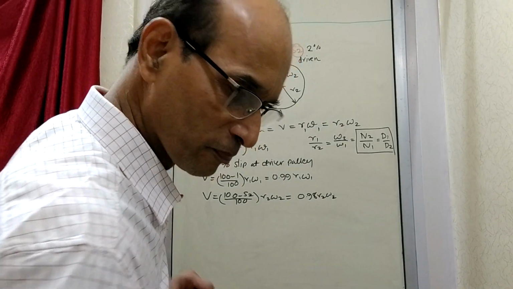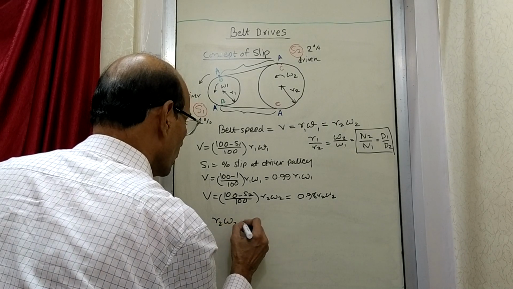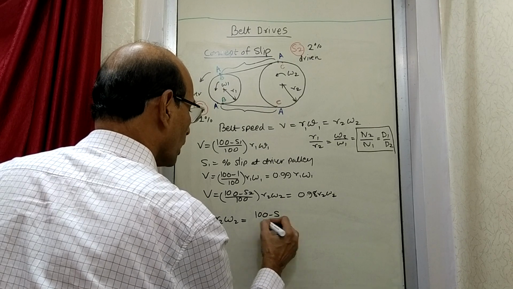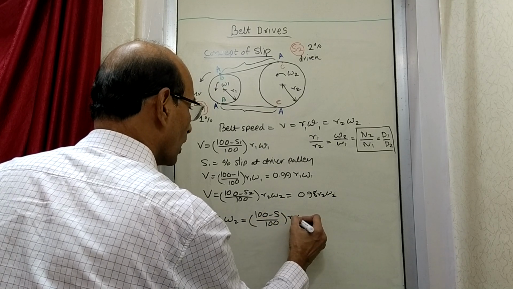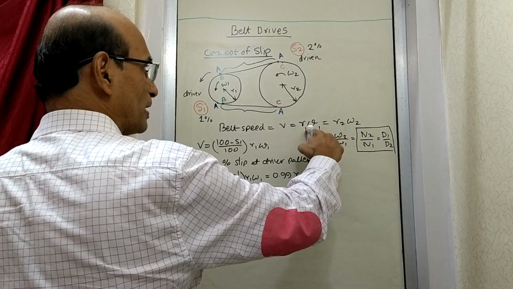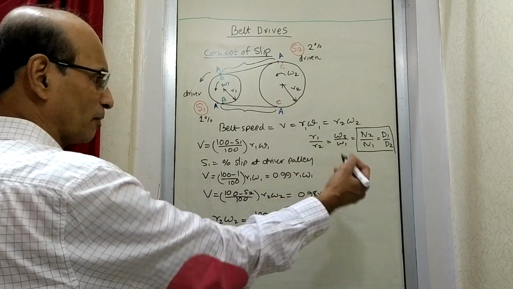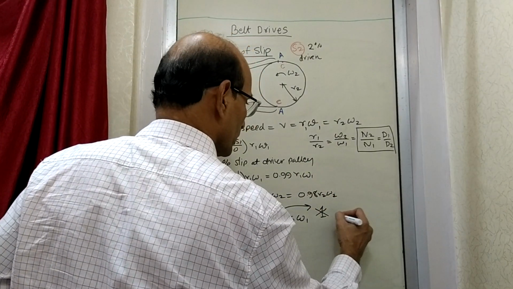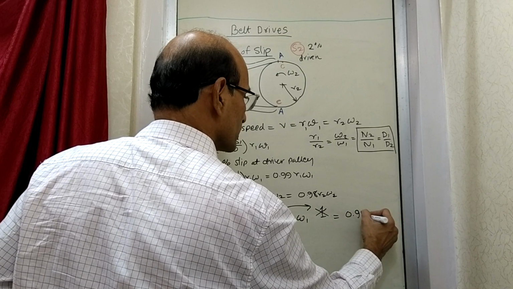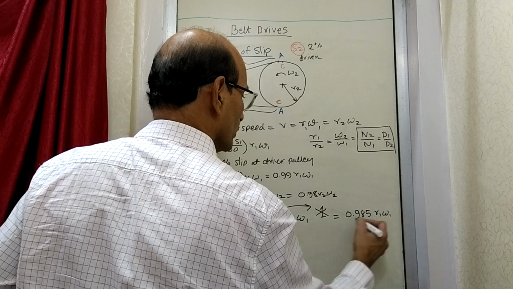It comes like this. Omega 2 has this equation. R2 omega 2 is equal to (100 minus S) upon 100 times R1 omega 1. So instead of this factor, we call that as 1, but it is not 1. It is because of this. Suppose S is something, let's say 0.985 R1 omega 1.